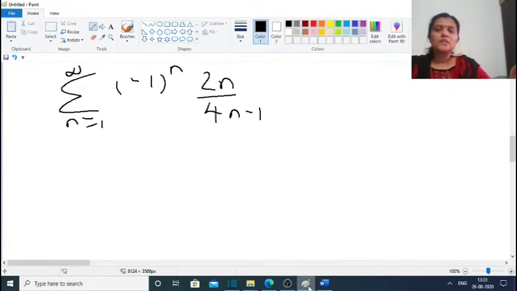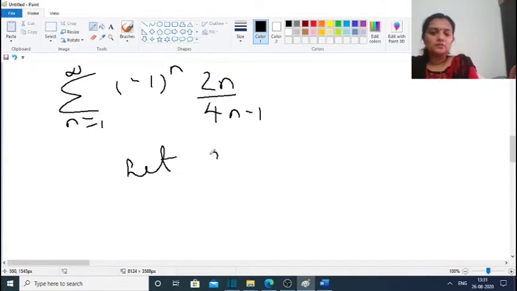Next problem is, determine whether the series sigma n equal to 1 to infinity minus 1 raised to n 2n by 4n minus 1 is convergent or divergent. So let an is equal to 2n by 4n minus 1. This is an alternating series.